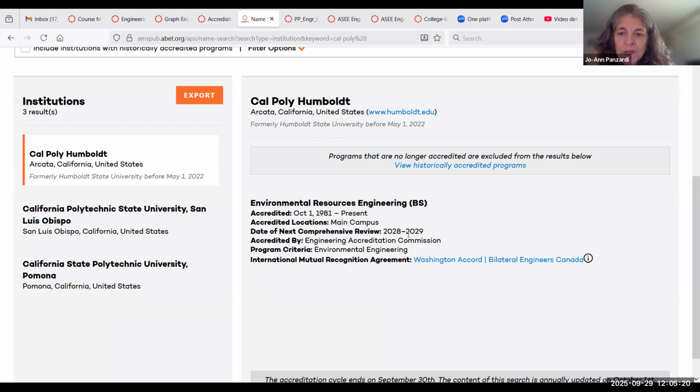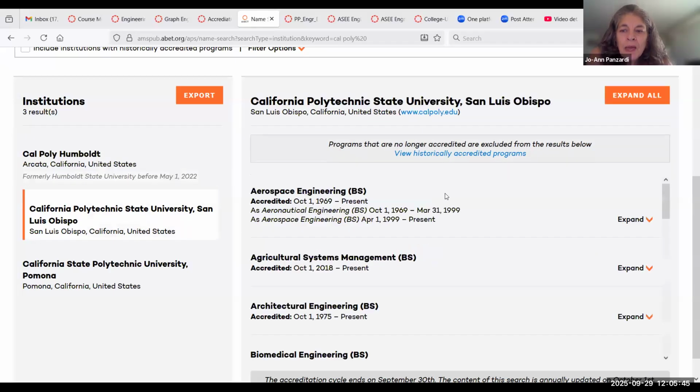It's in 28-29. So in 28-29, ABET's going to come to Cal Poly Humboldt, review their environmental resource engineering program, and review their mechanical engineering and whatever other engineering programs they have then. So you're going to see that in 2029, this list will be longer because Humboldt has started mechanical engineering and will start others. But let's just go to Cal Poly and let's look.